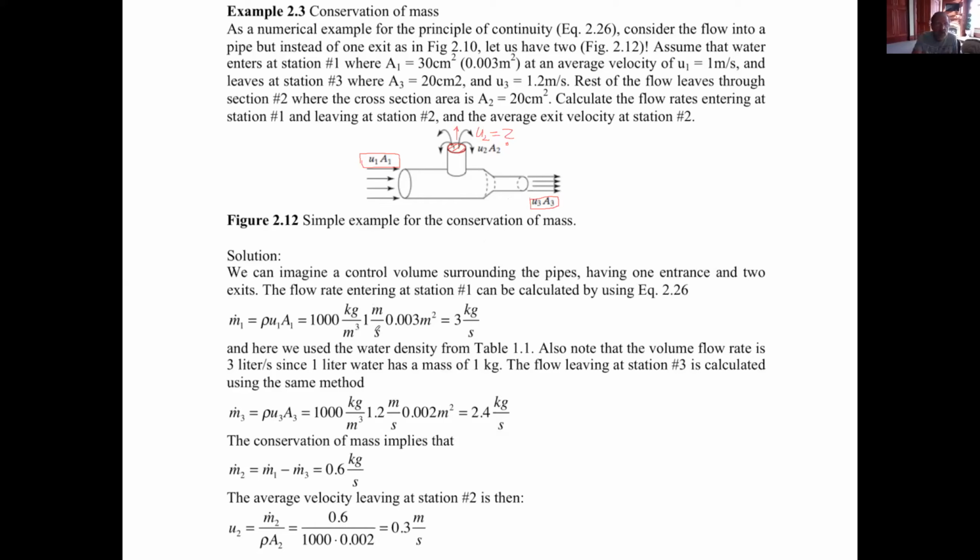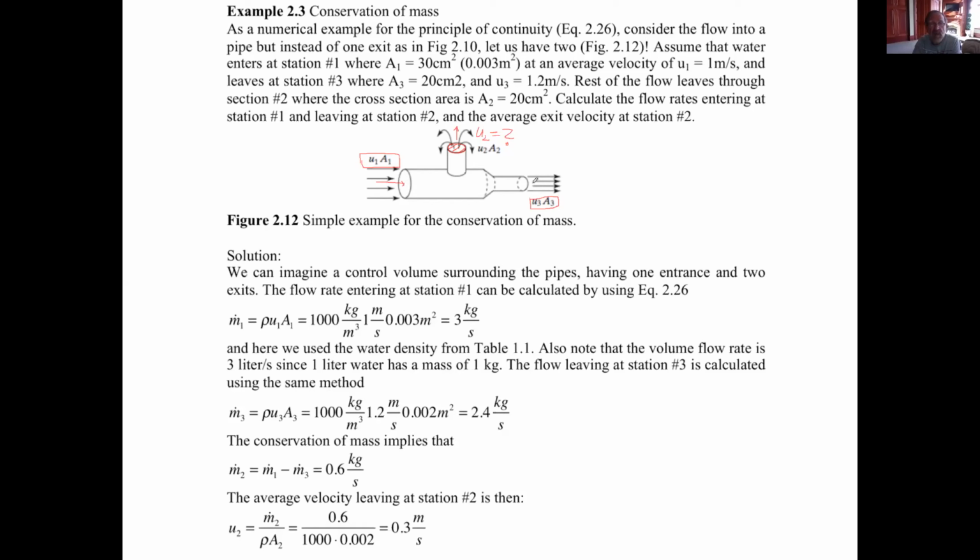So 1 meter per second, and then 30 centimeters square is actually 0.0030 square meters, because 1 meter has 100 centimeters, so it's 10 to the minus 4. So you do the algebra: 3 kilograms per second, or actually 3 liters per second. That's what's going in at this section.